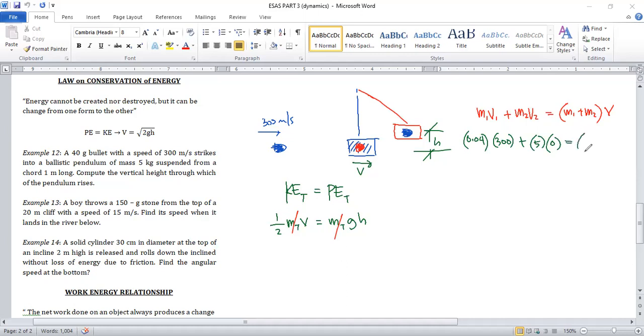That is equivalent to 5.04 multiplied by V.